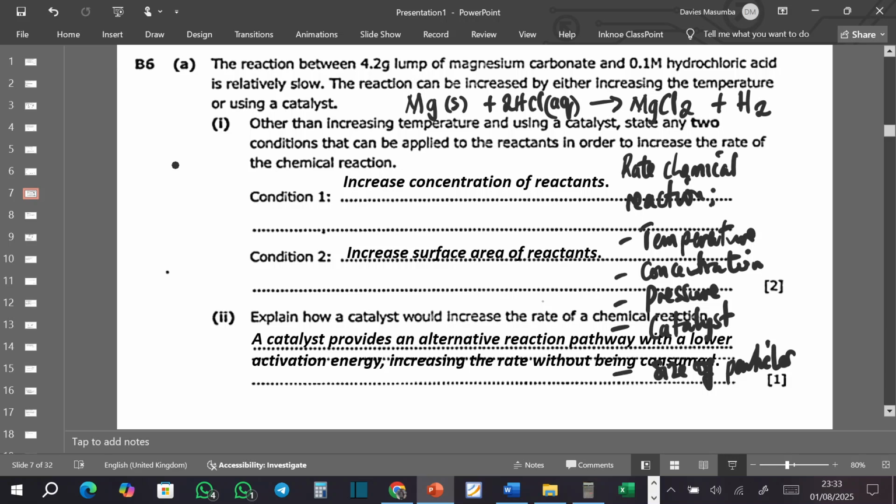Then pressure also the same. Pressure brings particles reacting together, so it increases the collision, leading to an increase in the rate of reaction. Then catalyst, a catalyst lowers activation energy, aiding the reaction to go faster. Then size of particles increases the rate of reaction by increasing the surface area that is exposed for chemical reaction.